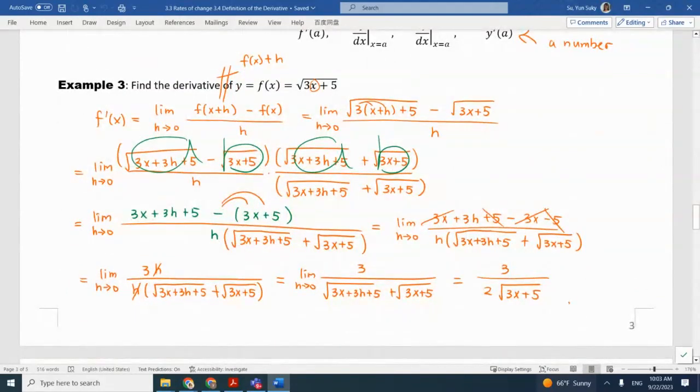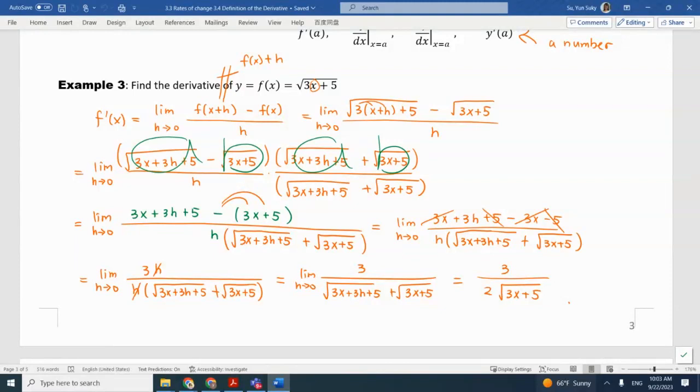We start with the definition. Right, everybody? And f of x plus h is, you look at the formula of f. Whenever you see x, replace x by x plus h. And we also distribute and we get this one. So if you try to plug in h is 0, you get 0 over 0.